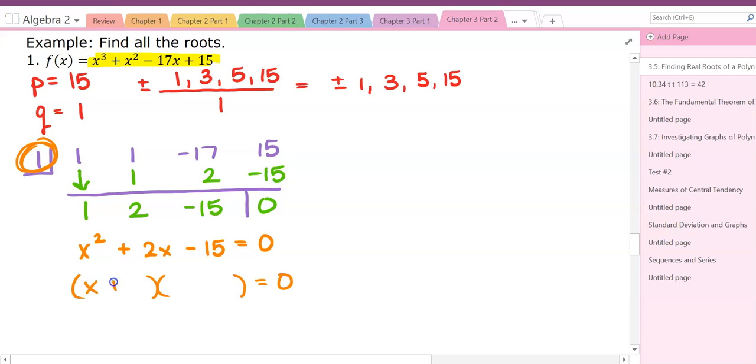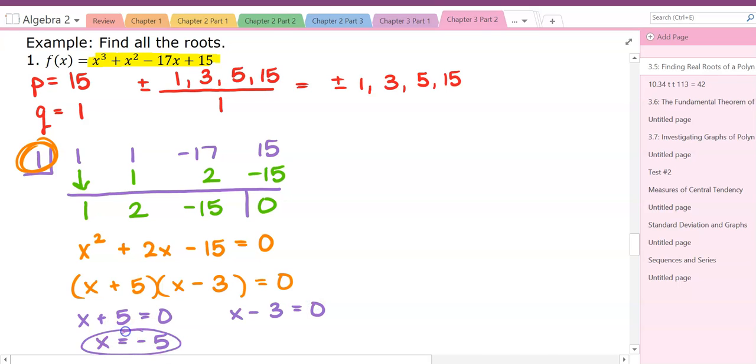So positive 5, negative 3. So x plus 5, x minus 3. And now I set those two pieces equal to 0 to solve for those other two zeros. So I'm going to get x equals negative 5 and x equals 3.